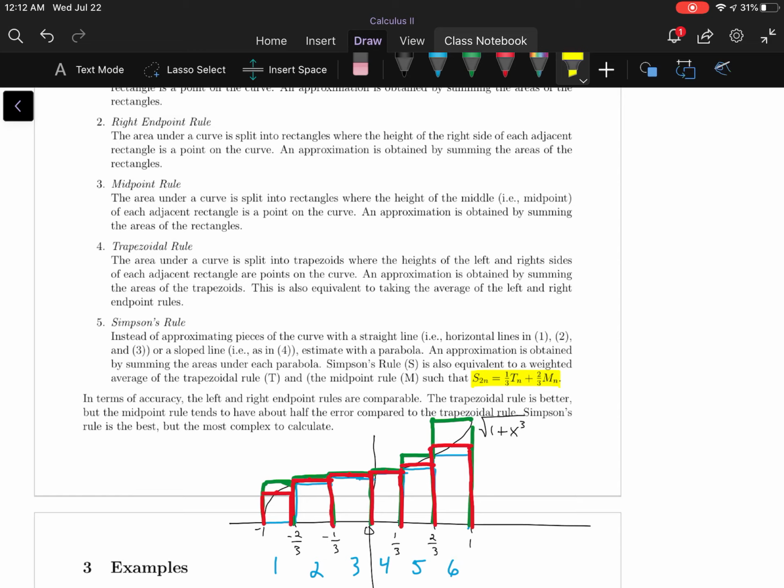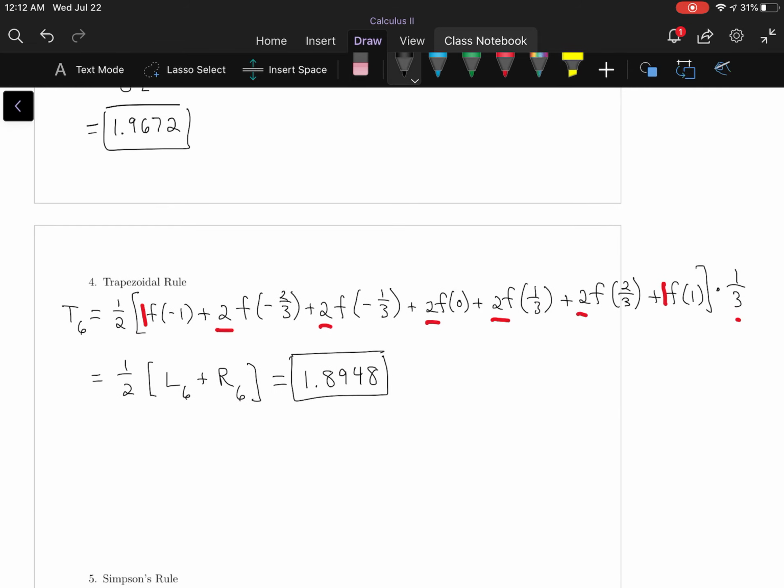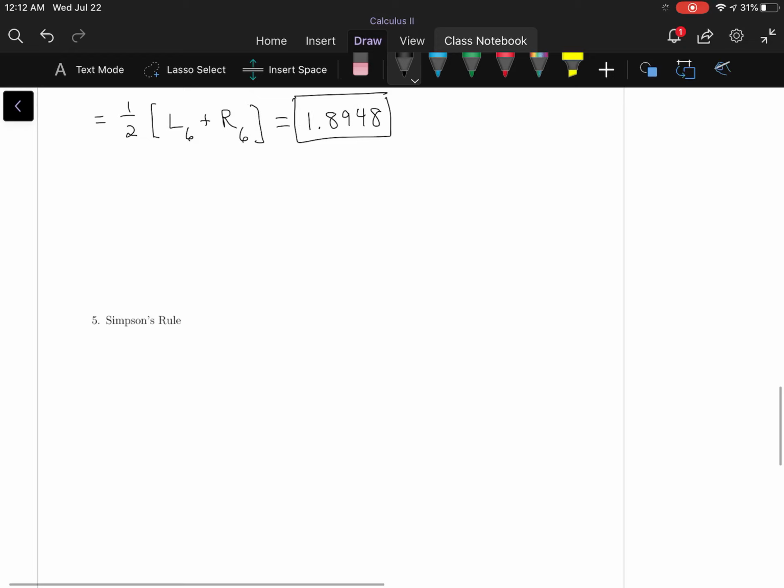And so in our case, we want S sub 6, which means 2n has to be 6, which means n must be 3. And so let me write that down over here. So we want S sub 6, which is going to be 1/3 of T3 plus 2/3 of M3.